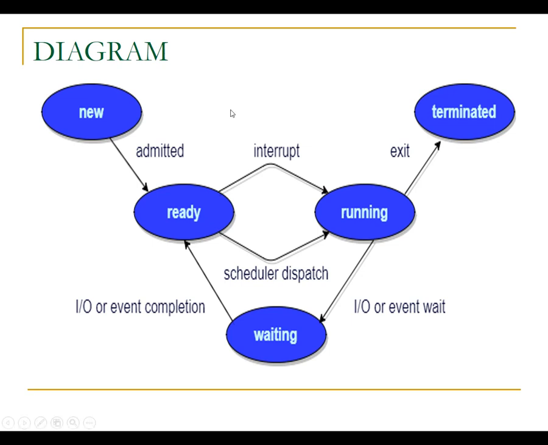Now a new word is introduced here called interrupt. It's a system interrupt, but I would like to convey it with a human interrupt first. Say for example, two persons are talking together and a third person comes in between and interrupts both the parties. For a fraction of time, they stop discussing with each other. That is called a human interrupt.